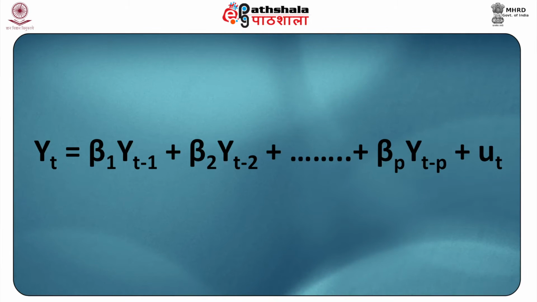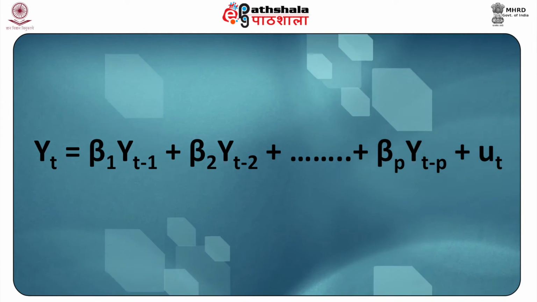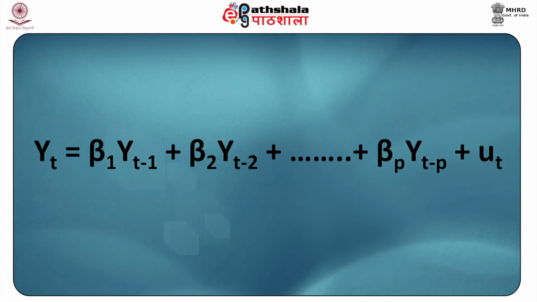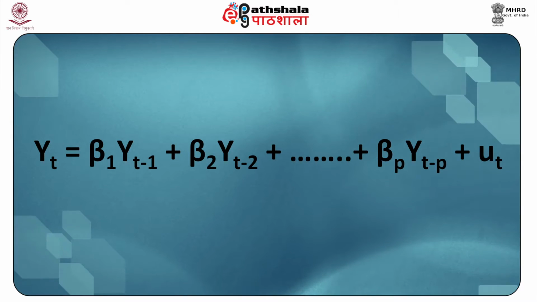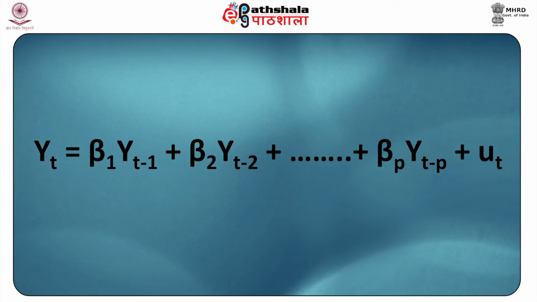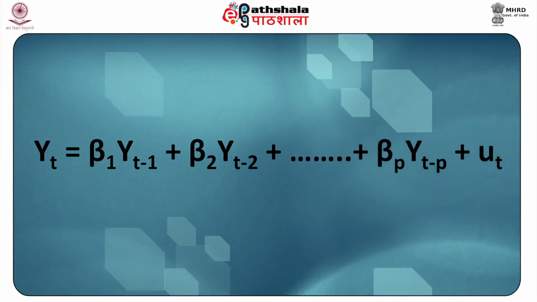A series is generated by an autoregressive process of order p, that is AR(p), if we can denote yt as equal to beta 1 yt minus 1 plus beta 2 yt minus 2, and so on up to beta p yt minus p plus mu t. In general terms, we can define autoregressive processes as stochastic processes used to estimate future values using the weighted sum of past values.